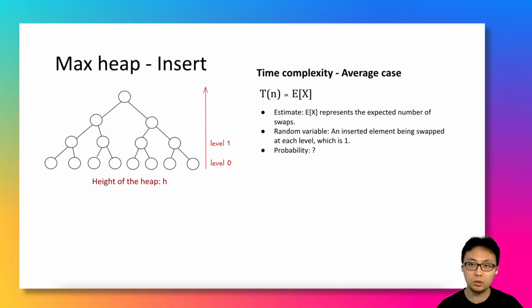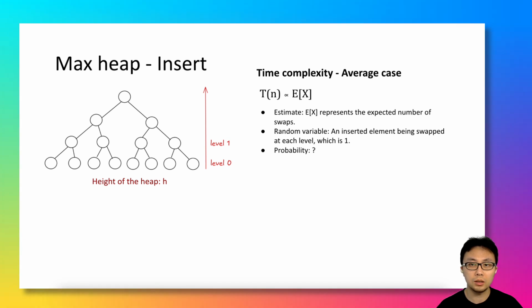To achieve a fair estimate of the average case time complexity, we will calculate the expected number of swaps that are required to achieve the insert task. Why? The time complexity T(n) is in proportion to the expected number of swaps. So instead of involving all the nuances in calculating the time complexity function, we will simplify that to the expected number of swaps. There are different ways to calculate this expected value.